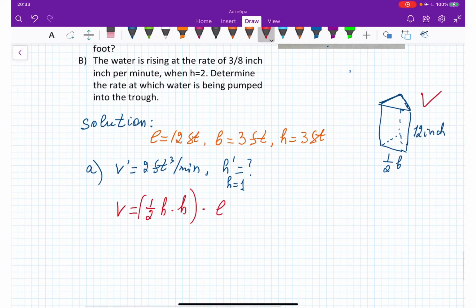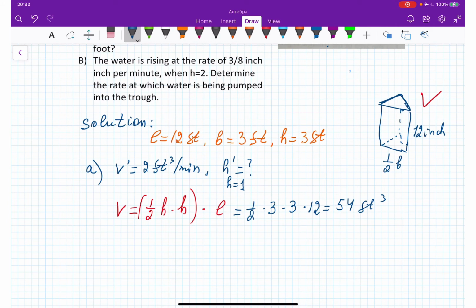So what do we have at this point? We have 1/2. We know h is 3. B as a base is 3. And times 12, it's equal to 54 cubic feet. That's the entire volume you can fill up in the prism, the maximum at 54 cubic feet.